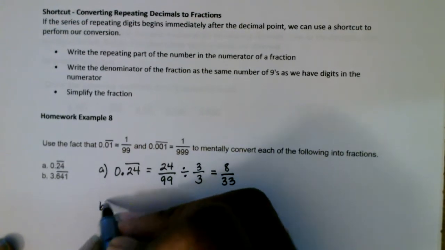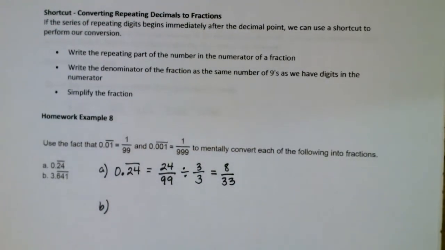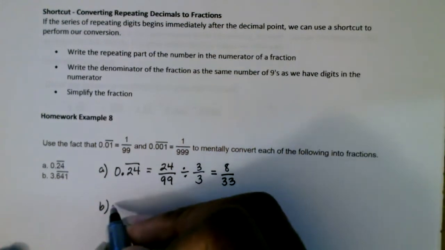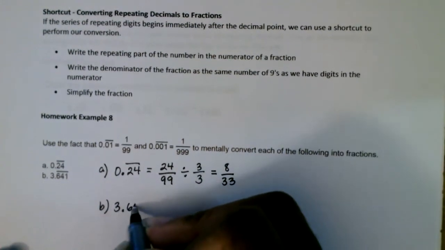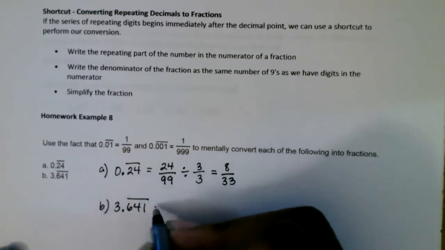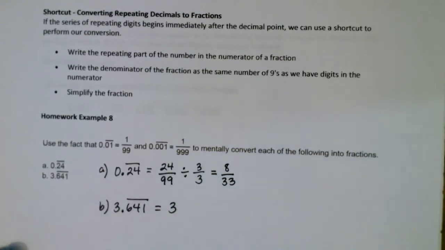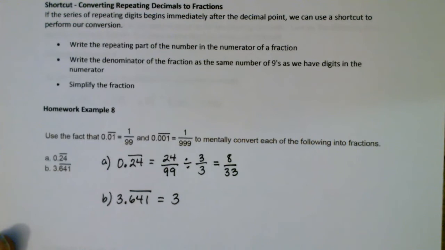Okay. Now for part B. You've got 3.641 where the 6, 4, and the 1 repeat. Okay, so let's say I want to convert that to a fraction using that approach. The 3 is the whole number, we bring that over.